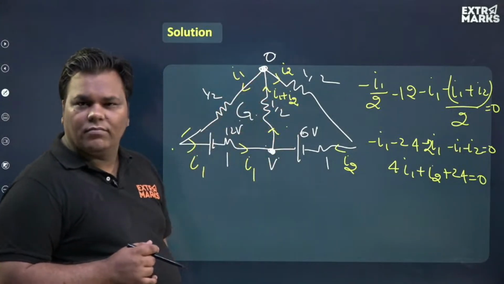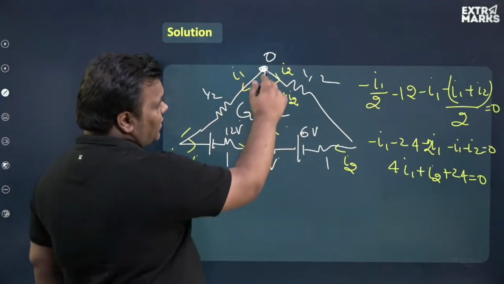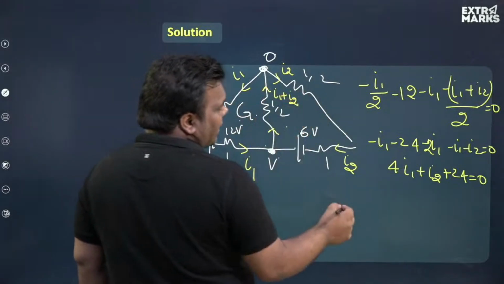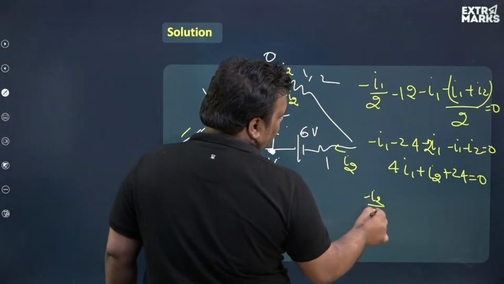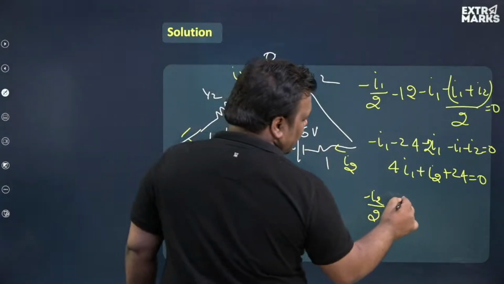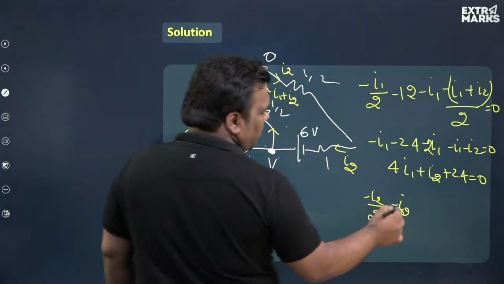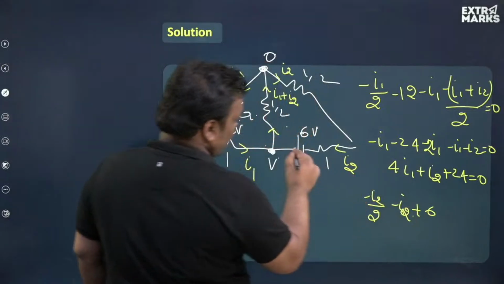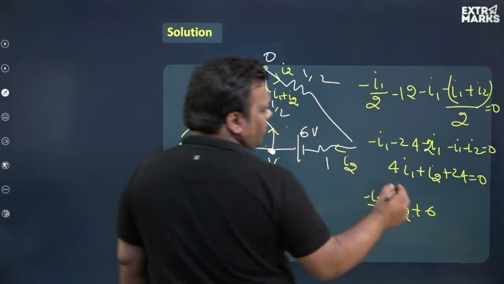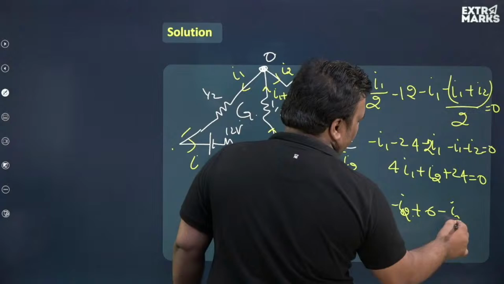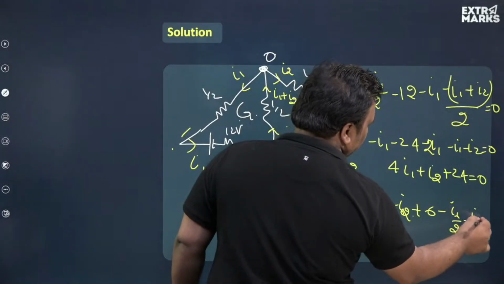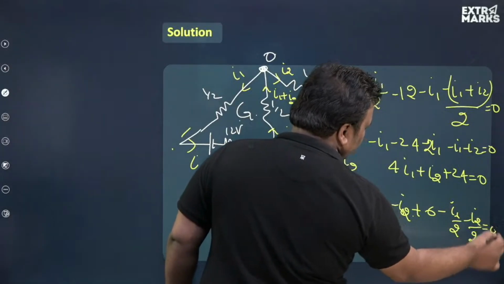Regarding this equation, I can easily calculate. This is I2 now. So I can say minus I2 by 2 minus I2 plus 6 minus I1 by 2 minus I2 by 2 is equal to 0.